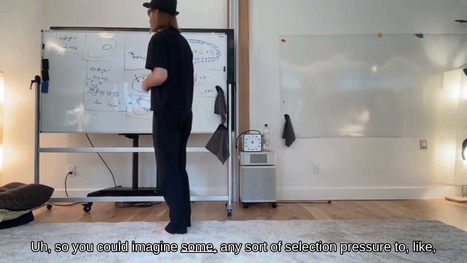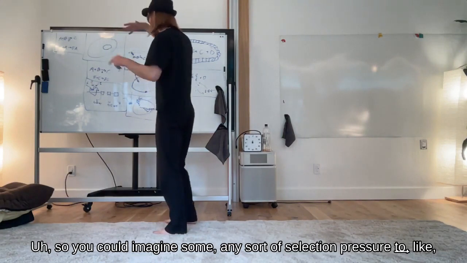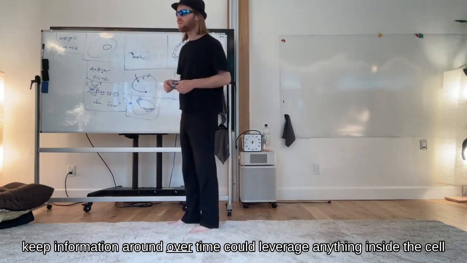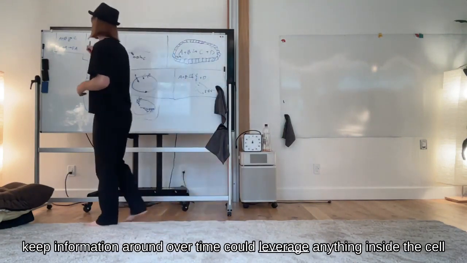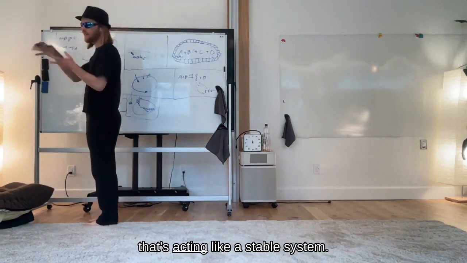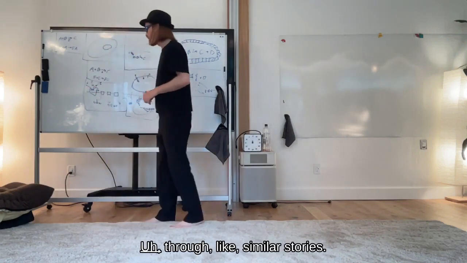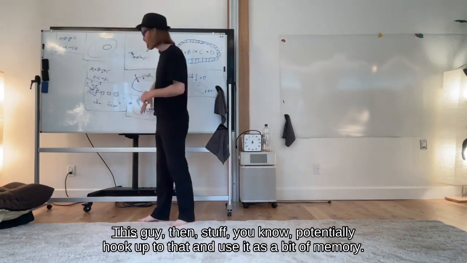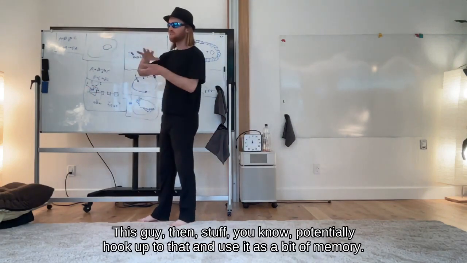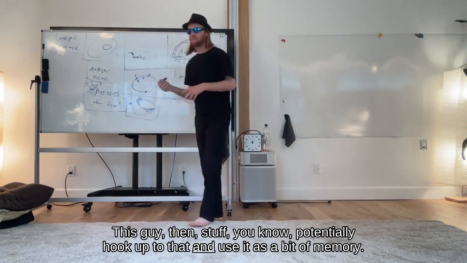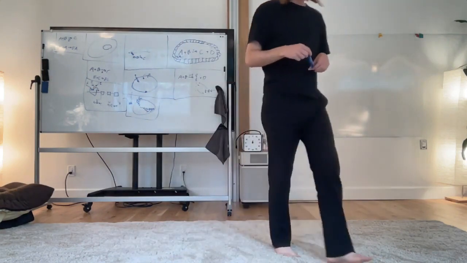So you could imagine any selection pressure to keep information around over time could leverage anything inside the cell that's acting like a stable system. Through similar stories, this guy would potentially hook up to that and use it as a bit of memory.